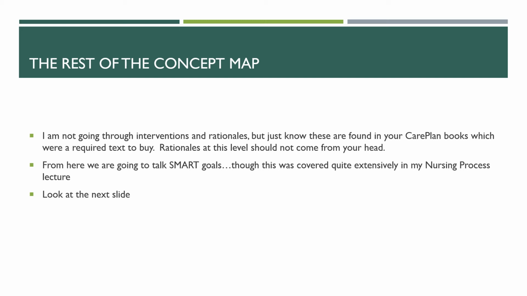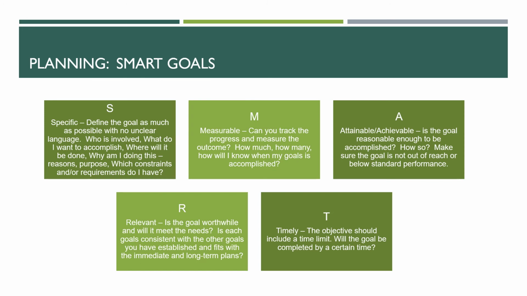From here, we're going to talk SMART goals. Though this was covered very extensively in my nursing process lecture, we're going to look at it again on the next slide. Okay, so when we're planning, we have SMART goals. S is specific. We want to define the goal as much as possible with no unclear language. We want it to be measurable. Can you track the progress and measure the outcome?